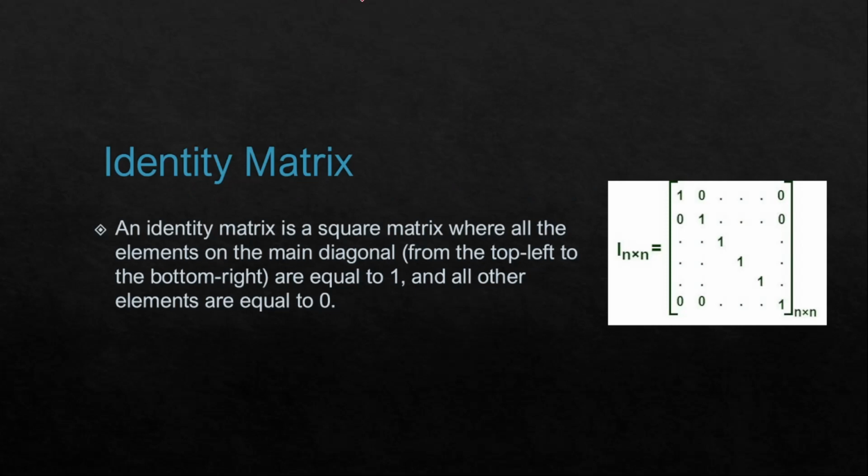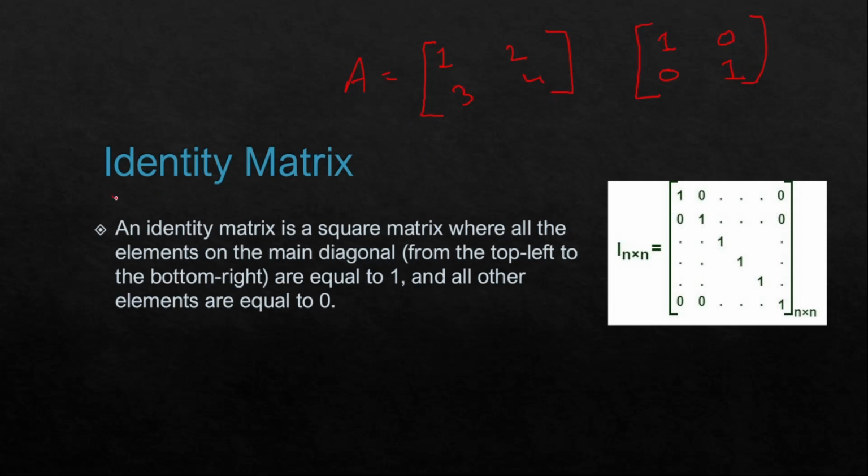Let's say we have a matrix A with the data 1, 2, 3, 4. It's a completely ordinary matrix, but what if the matrix only had zeros and ones?